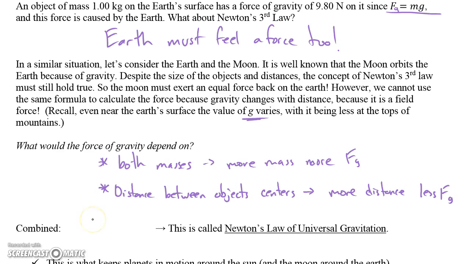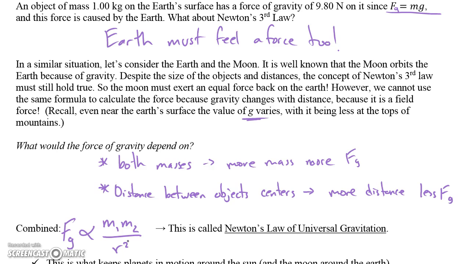Newton came along and made a relationship so that Fg depends on m1 m2 over r squared. Now this isn't an equation yet because there's some constant value that Newton could not figure out. It took a while for another person to measure that, and we'll see that in a bit. But we want to look at just this part. So Fg depends on the two masses and the square of the distance between them.